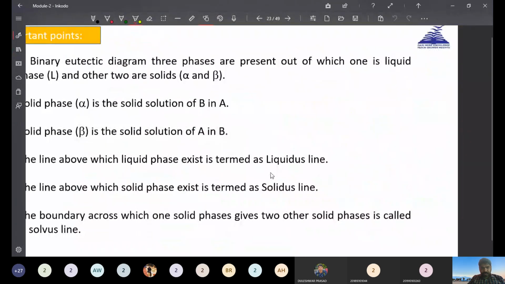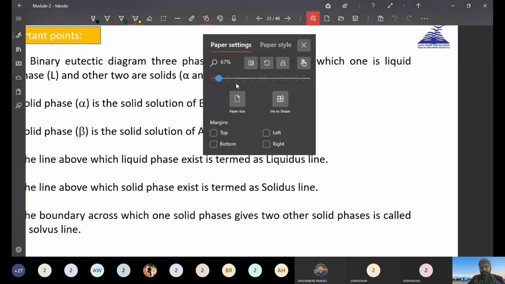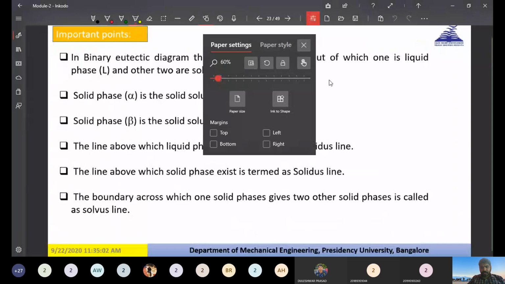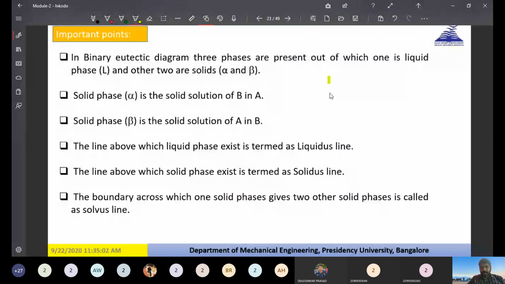So these are some important points related to this. I have discussed all these points, but still I just want you to see it once. So let me show you these important points.